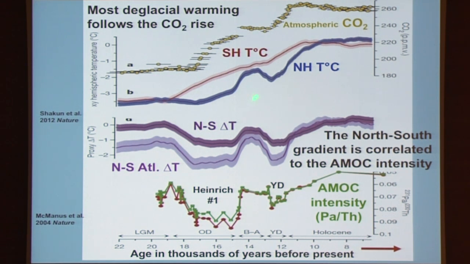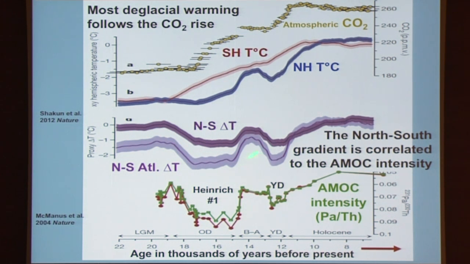And it's interesting to plot that versus the CO2 curve in the atmosphere based on the bubble data, to show again that the northern hemisphere is definitely lagging the CO2 curve. Probably the southern hemisphere is increasing before because there are other forcings that are starting the process. But what is very interesting is to make the gradient between the southern hemisphere and the northern hemisphere. This is the north-south delta T that is shown here globally.